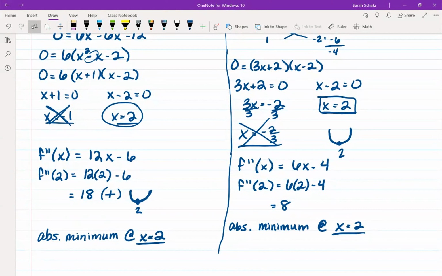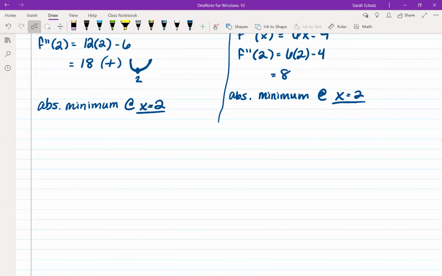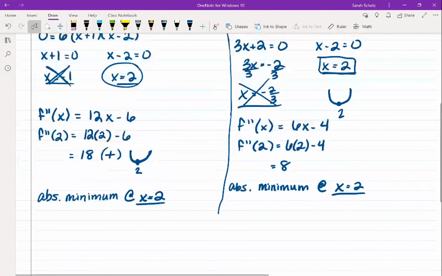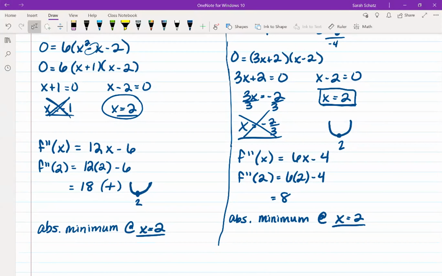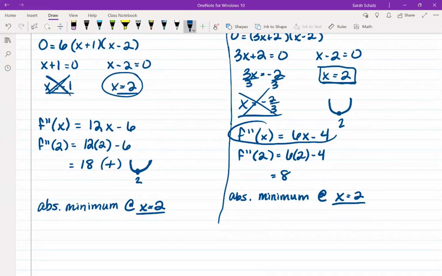Okay. So you guys, like I said, with the open intervals, other than making sure your crit points are in your intervals, there's not really any difference between an open interval problem and a problem in 12.2. I don't say 12.1 because, I mean, it's similar to that, but remember in 12.2, that's where we learn to test in the second derivative, which is a lot easier. I would highly recommend it.